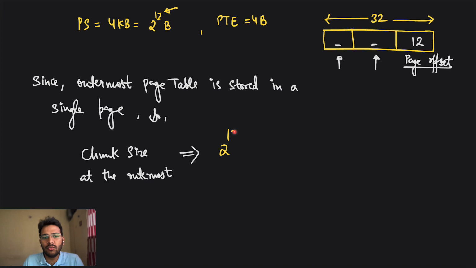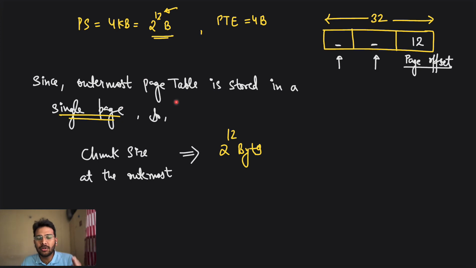I can say it is going to be 2 raised to the power 12 bytes in terms of bytes, because the entire outermost page table is nothing but one chunk. We are not further dividing it. So that chunk size will be equal to the page size. Page size is 2 raised to the power 12 bytes. So definitely the chunk size at the outermost level will be 2 raised to the power 12 bytes.